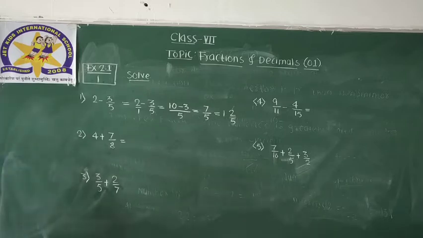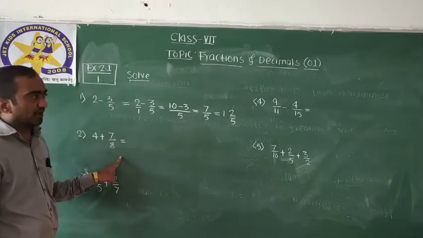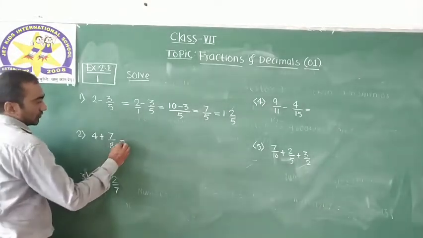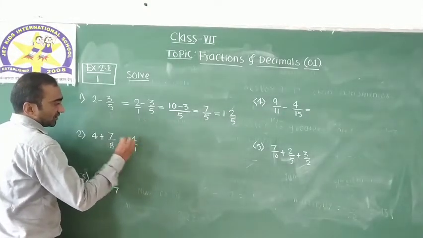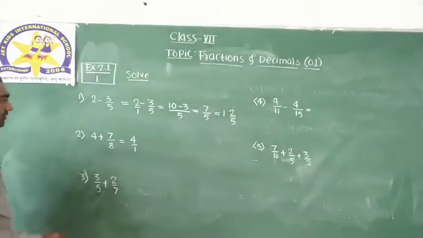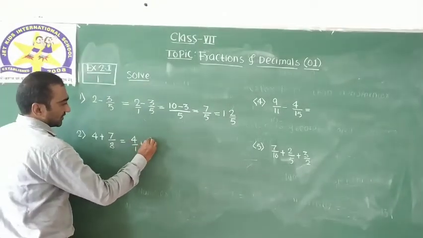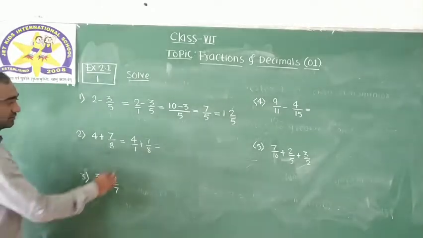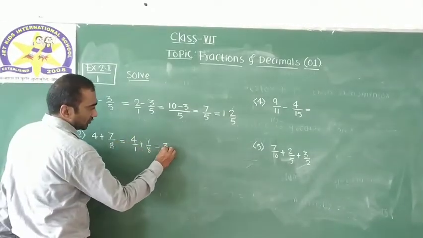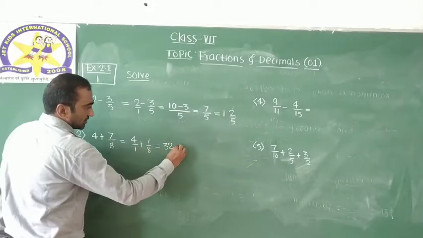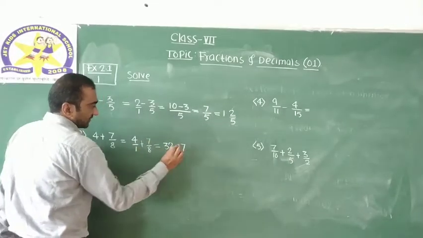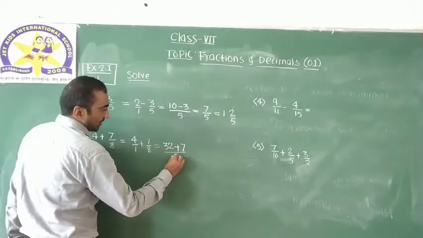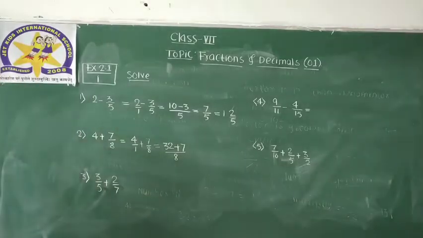Second question, 4 plus 7 by 8. 4 can be written as 4 divided by 1 plus 7 by 8. Again, make cross multiplication. 4 into 8, 32 plus 1 into 7, 7 divided by 1 into 8, 8.